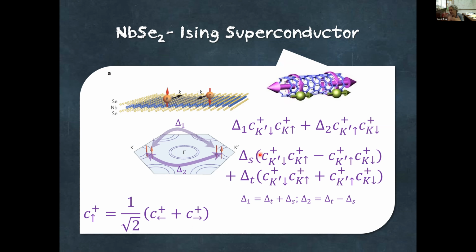This will be just a rotation of the basis. But if I plug it into the triplet component, I will get terms which are proportional to the same spin in different K and K prime. And so in this way, I will get a triplet component.